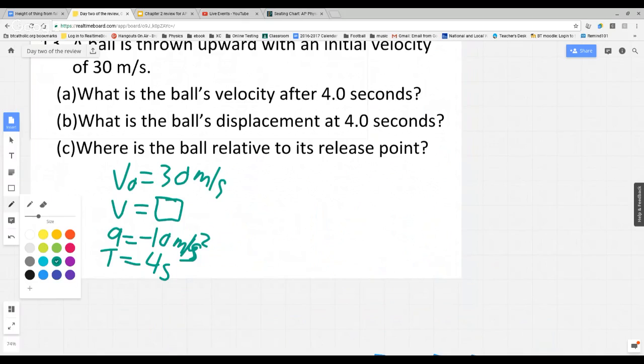Alrighty. How fast are we going to be going after 4 seconds? I'll draw a picture. Negative 10? I like pictures. This is good.